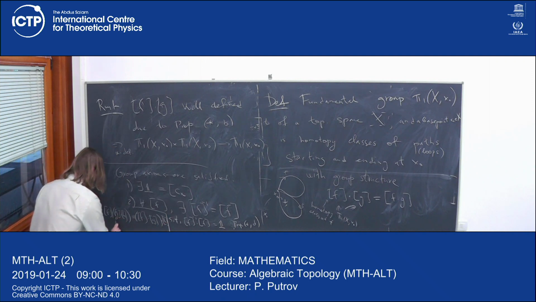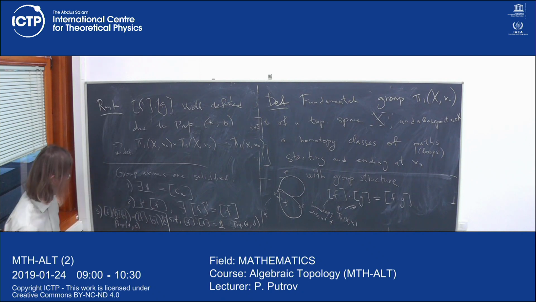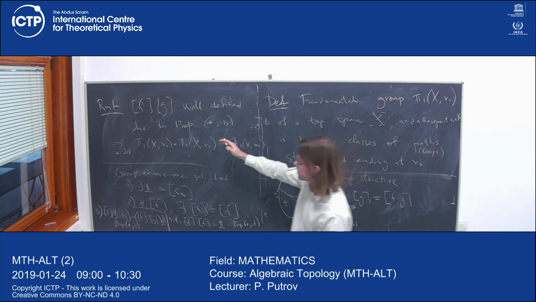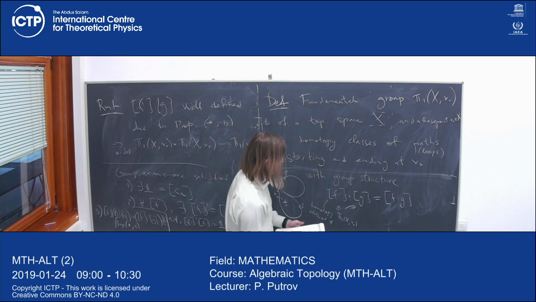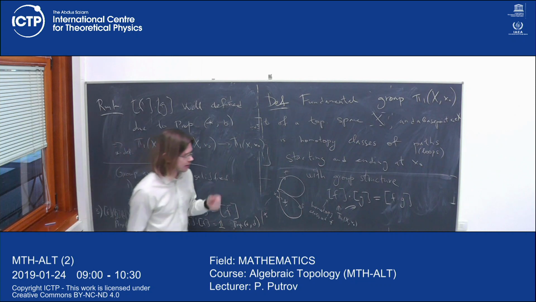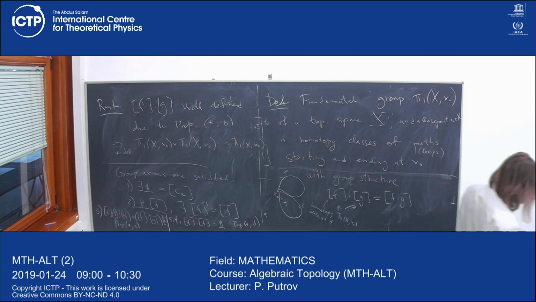And this indeed follows directly from proposition star part C. So this concludes the proof that this indeed defines a group structure. This map is well defined, and indeed satisfies the group axioms. Questions?